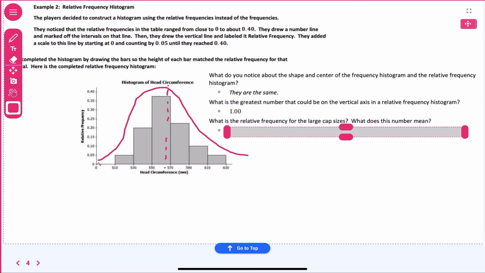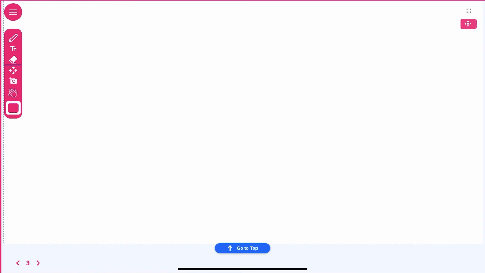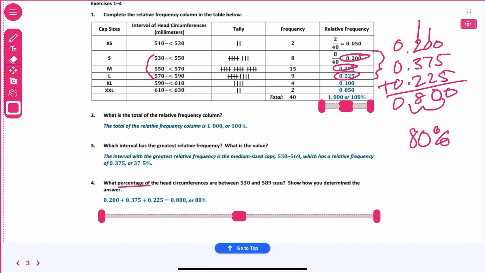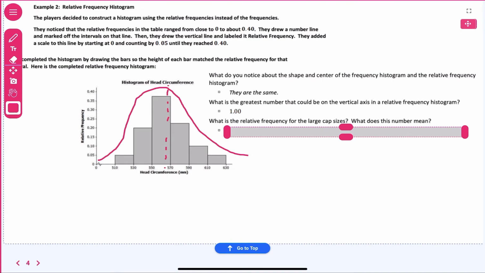So what is the relative frequency for large count size? Well, we don't know from here. We're going to have to go back and see, well, what was the large count size? Large count size is between 570 and 590. So right here would be 570 and 590. It would be this histogram bar here.